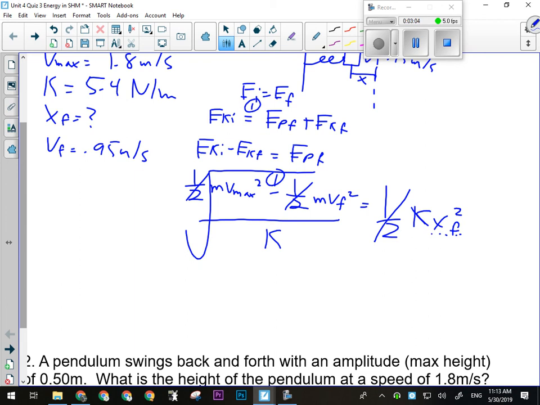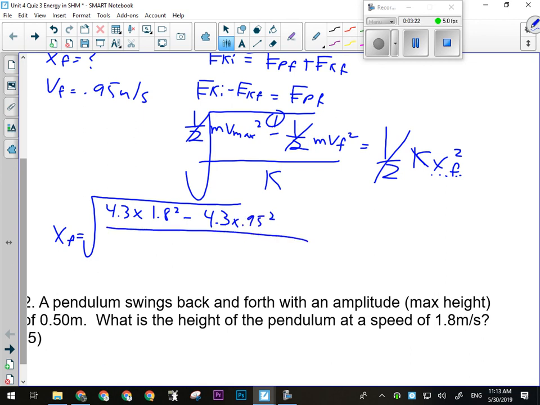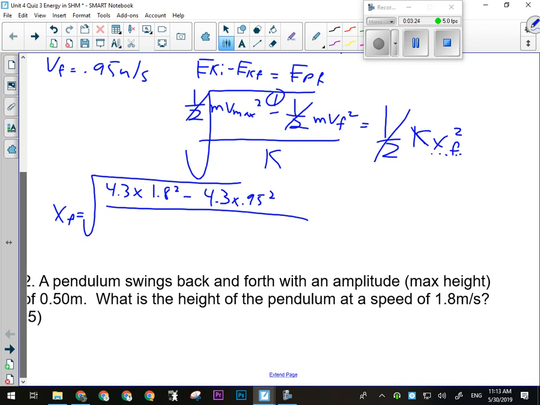And we'll give them a mark for putting in the numbers correctly. So that'll be that x final equals the square root of 4.3 kilograms times 1.8 squared minus 4.3 times 0.95 squared, divided by 5.4. So that's their 4th mark.